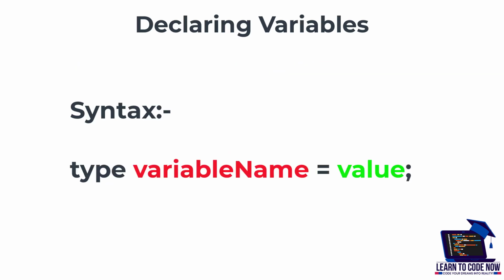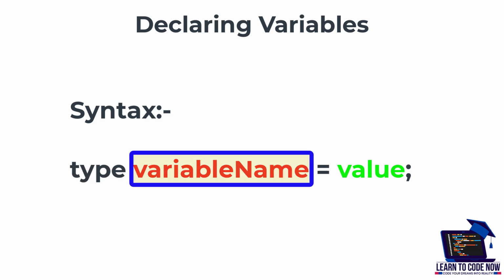Now we will see how to declare a variable in C++. To create a variable, specify the type and assign it a value, where type is one of the C++ types such as integer, float, double, etc., and variable name is the name of the variable such as x or myName.